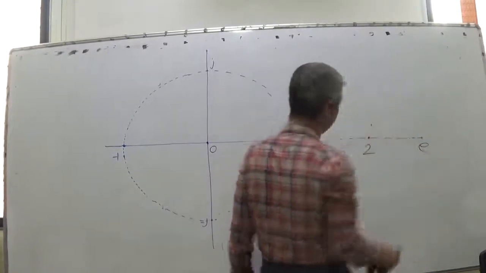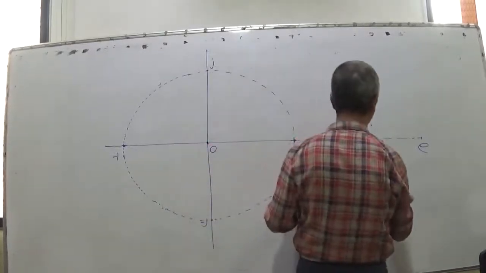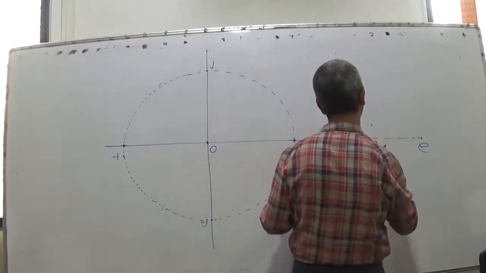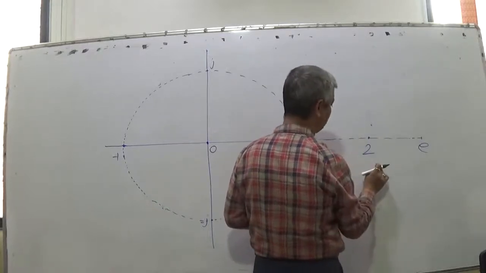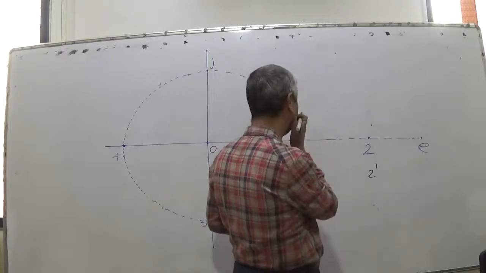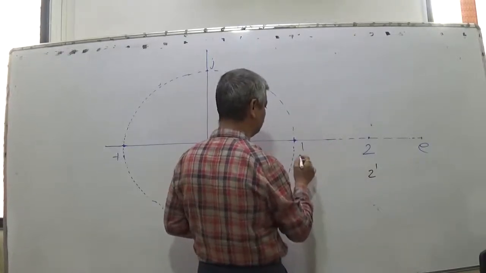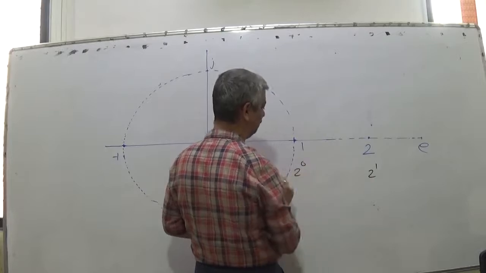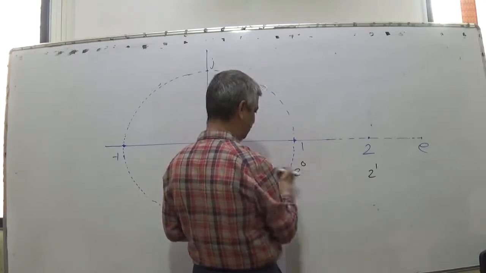Number 2 is 2 raised to 1. So when you raise it by something more than 1, it will grow. When you raise it by something less than 1, it will contract. When you raise it by 0, you come here, 2 raised to 0. When you raise it by a negative number, it will further contract.